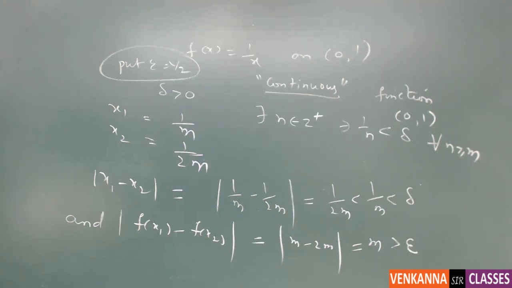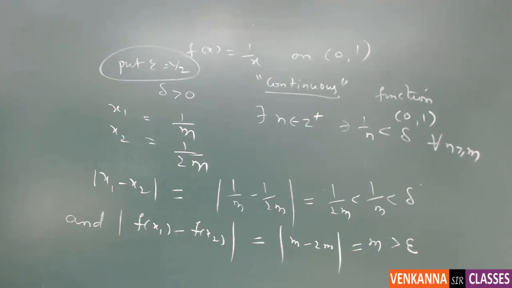Now take one value as 1 by m, another value as 1 by 2m, the 2 points. The difference between them is 1 by 2m, which is less than 1 by m, nothing but less than delta.